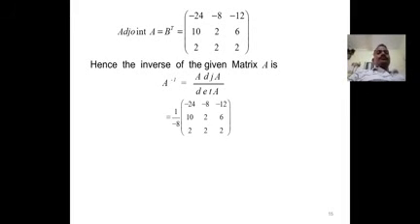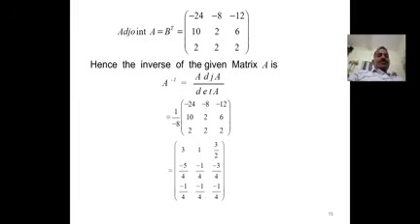Therefore 1 by minus 8 into minus 24 minus 8 minus 12, 10 2 6, 2 2 2. So after simplification of this, you can get it as 3, 1, 3 by 2, minus 4 by 5, minus 5 by 4, minus 1 by 4, minus 3 by 4. Next minus 1 by 4, minus 1 by 4, minus 1 by 4. This is the required inverse of the given matrix.